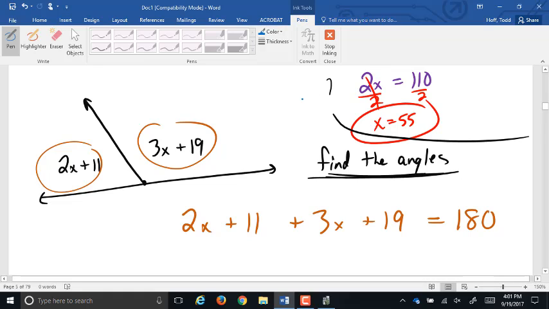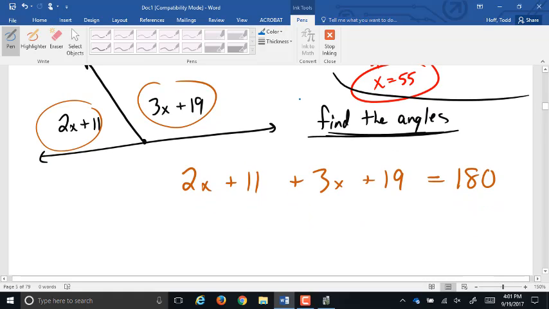From there, what are we going to do to start solving this? Combine like terms. The x appears more than once, but they're both on the same side of the equation, so I can just combine them together. 2x and 3x, 5x. 11 and 19 is 30.